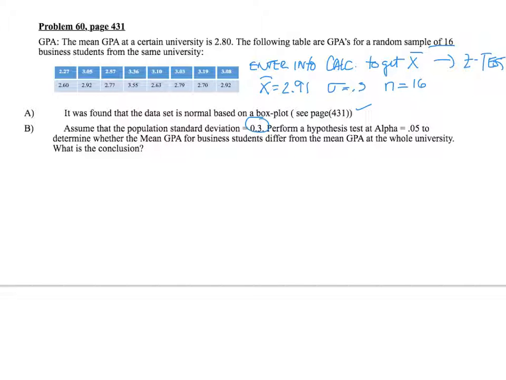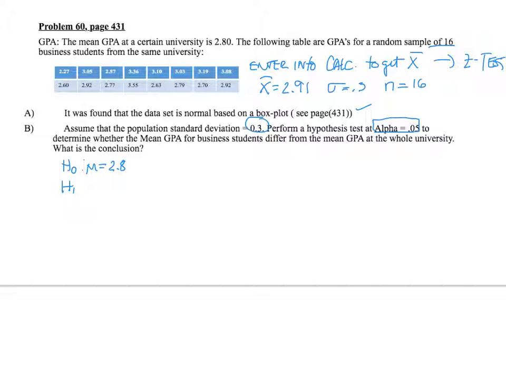And so now we can still do the test. It tells us that we can assume that the standard deviation is 0.3, and it says now we want to perform a test at 5%. So let's go ahead and do our test. So H naught is mu is equal to 2.8.